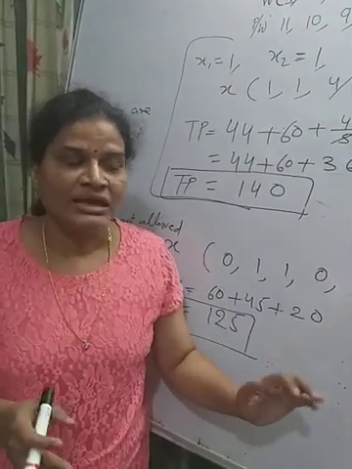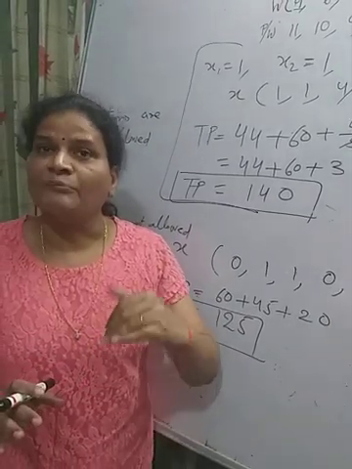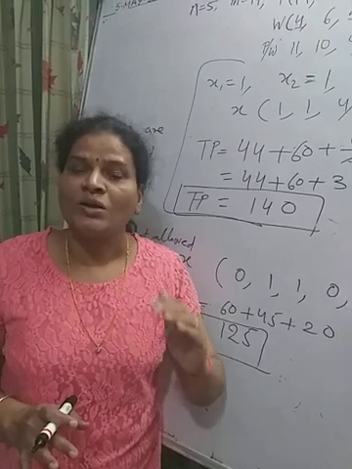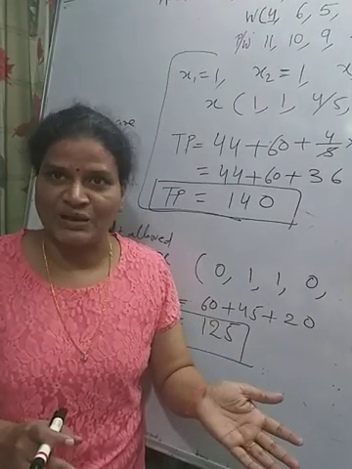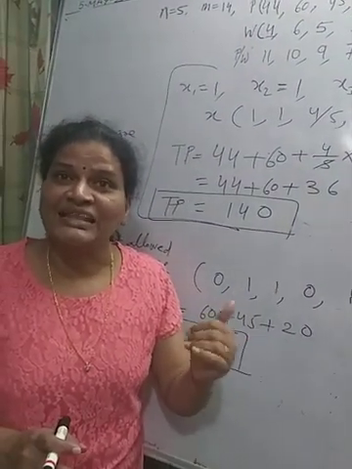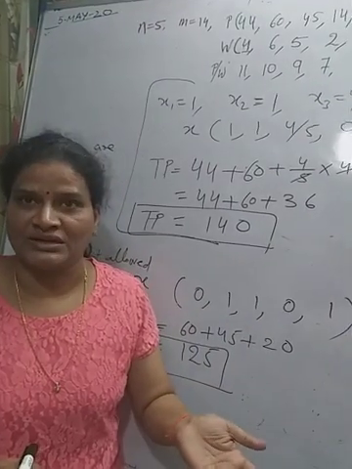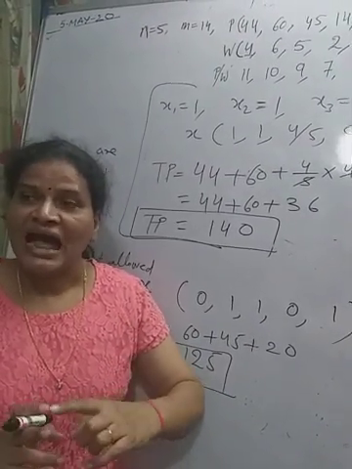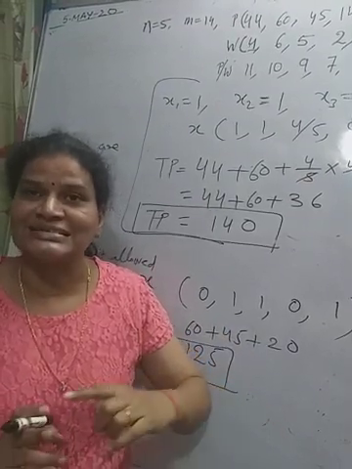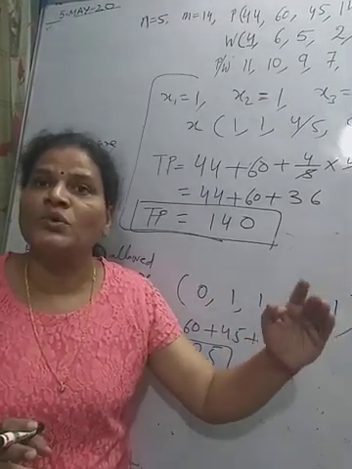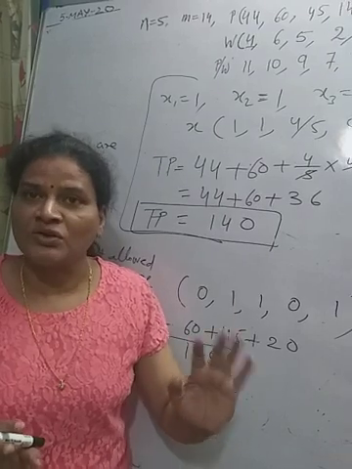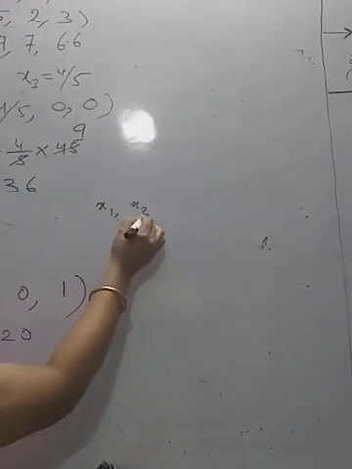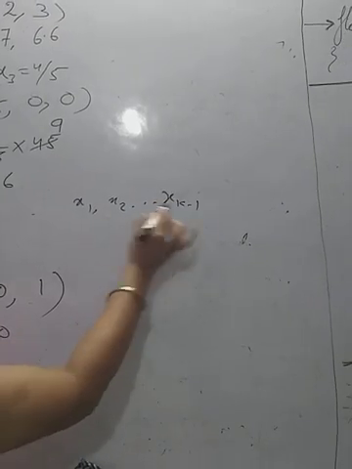So when the bound function is called, it is first called only for the right branch, when the kth object is excluded. When the kth object is excluded, it means I have already taken the decision for objects 1 to k minus 1, that is x1, x2, and so on up to xk minus 1.